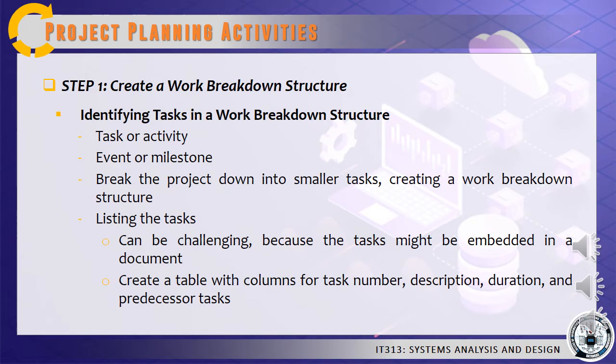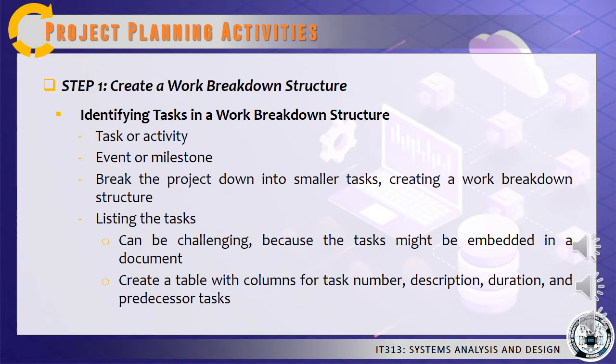Examples of tasks include conducting interviews, designing a report, selecting software, waiting for the delivery of equipment, or training users. Tasks are basic units of work that the project manager plans, schedules, and monitors. So they should be relatively small and manageable.